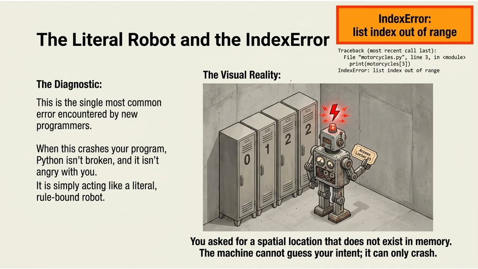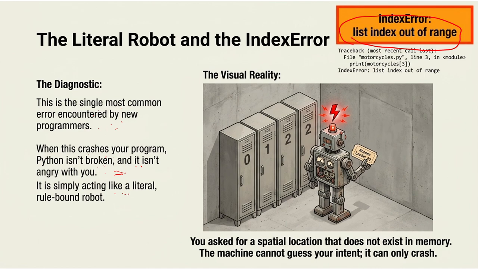this one, the literal robot and the index error. A lot of times, when you run Python code, you will come across this error, list index out of range. So what is this error? This is the single most common error encountered by new programmers. When this crashes your program, your program isn't broken and it isn't angry with you.